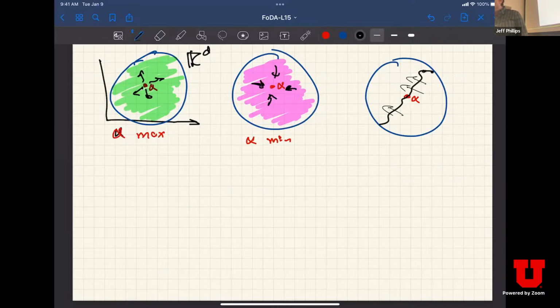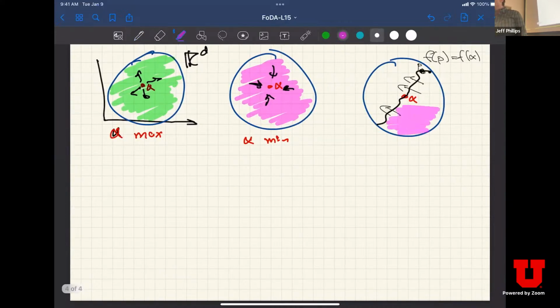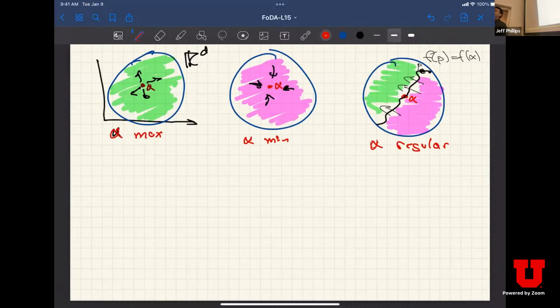So if I put a P on here, then I would say f of P is equal to f of alpha. And if I use my shading properties, these have function values above alpha, and these have function values smaller than alpha. And so in this case, we'd say alpha is going to be a regular point.